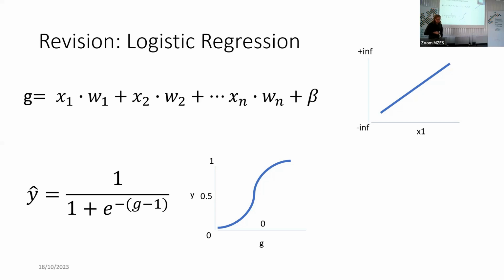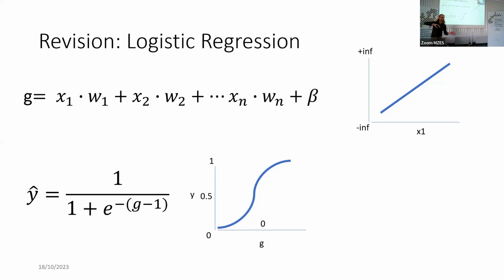So I'm going to start to turn now to why neural networks are good for certain circumstances, and it's good to compare them to logistic regression. So before I move on from this, I just want to get across this idea that there's a particular value of G, and when G goes above that value, you're going to classify your case one way.